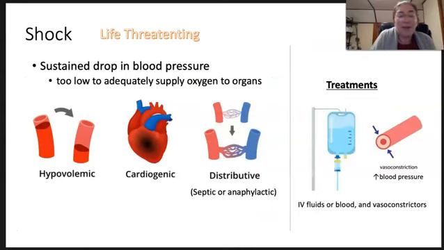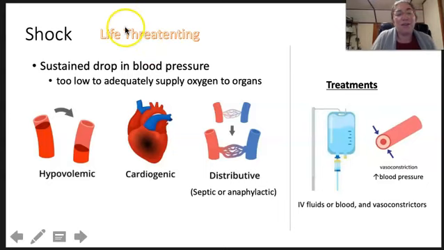Another very life-threatening complication of blood vessel diseases is shock. Shock is a physiologic response that results in very low and sustained low blood pressure, or hypotension. It's the opposite of hypertension.